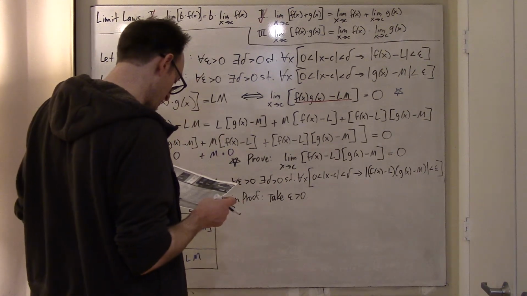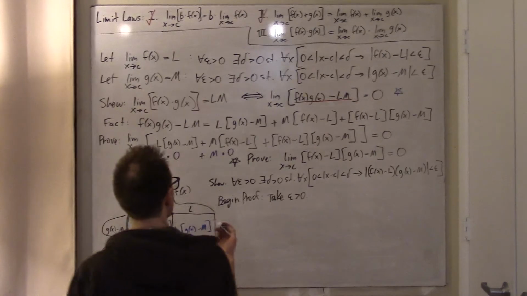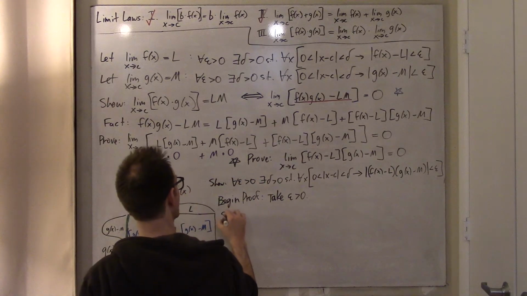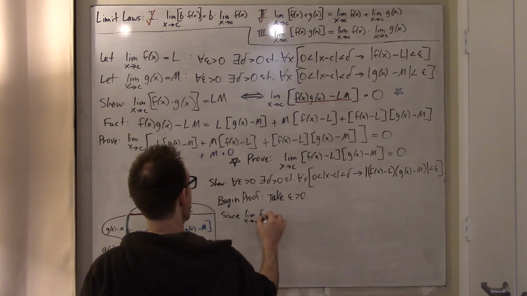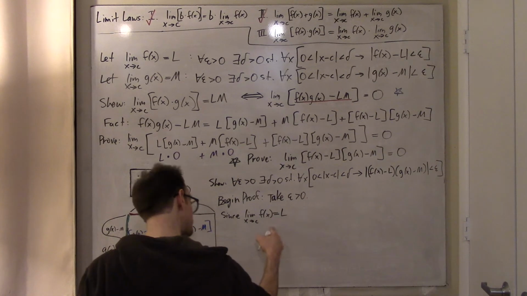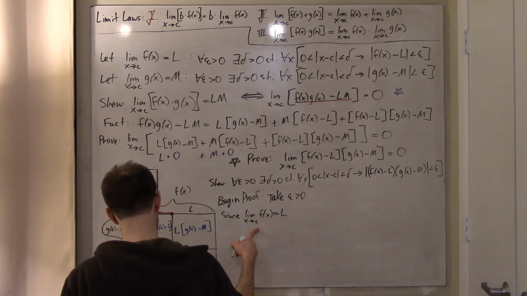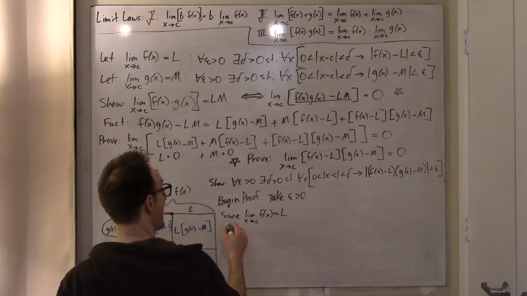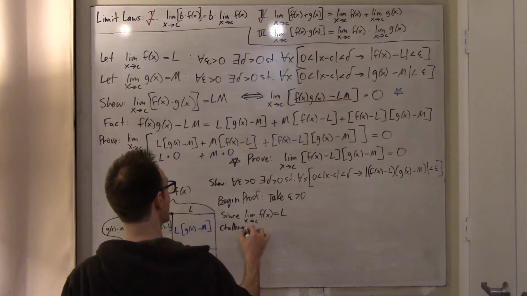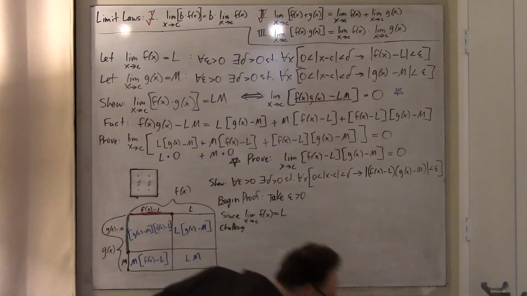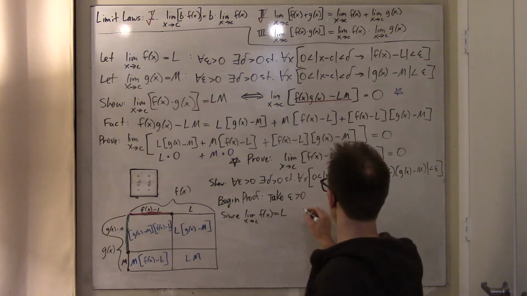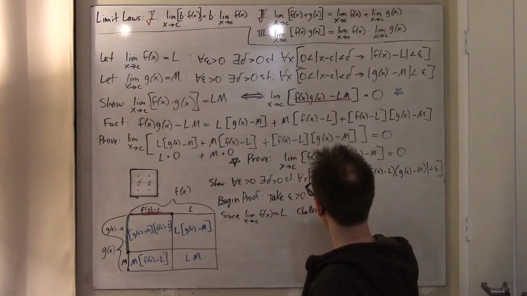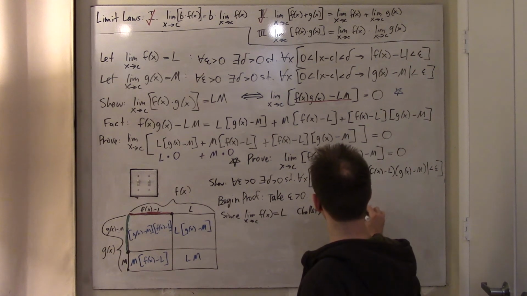So this is what we do. Since the limit as x approaches c of f of x is L, we're going to challenge it with the square root of epsilon.